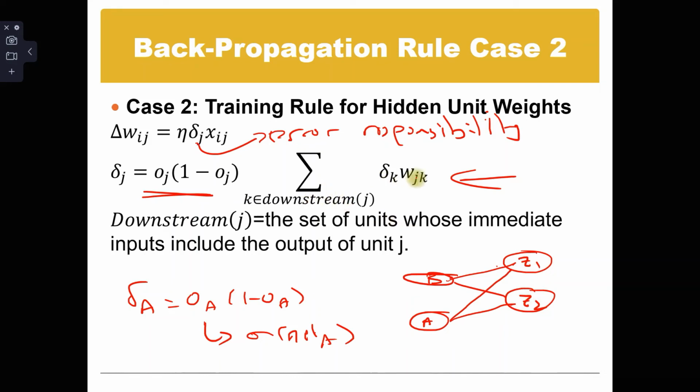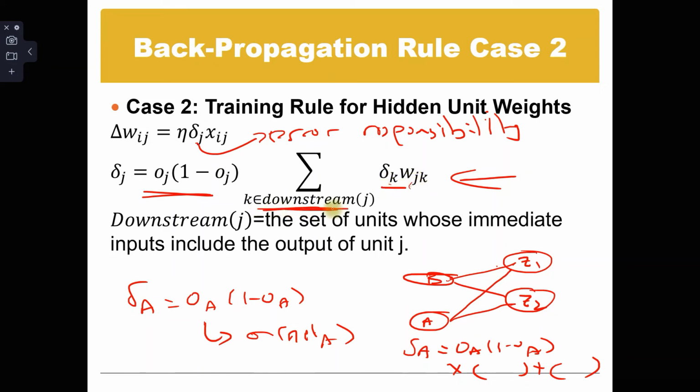In other words, when you are computing this delta A, you will need to compute delta A by taking OA into 1 minus OA times the sum that you have for delta K, WJK. What does that mean?